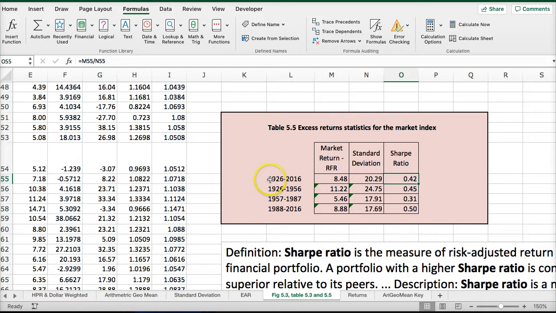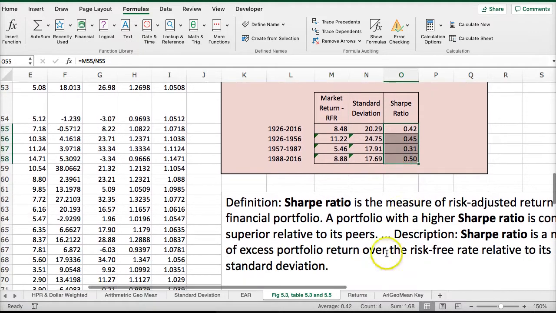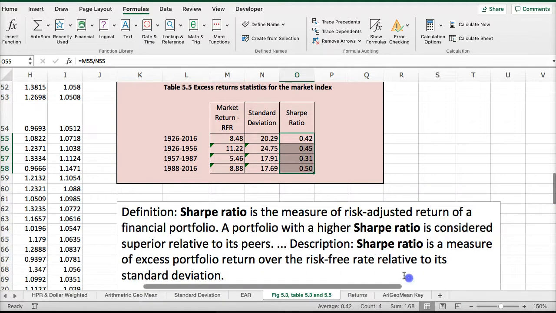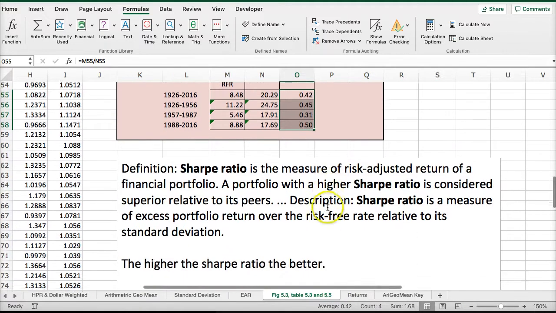So for each of these periods, so this is 20. This is the biggest period, followed by breaking the period up into three pieces. We can see how these different periods of time reflect in standard deviation, market return, and Sharpe ratio. It's actually pronounced Sharpe ratio, but I always mispronounce it to say Sharpie.